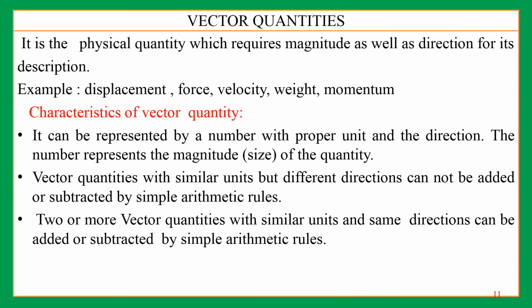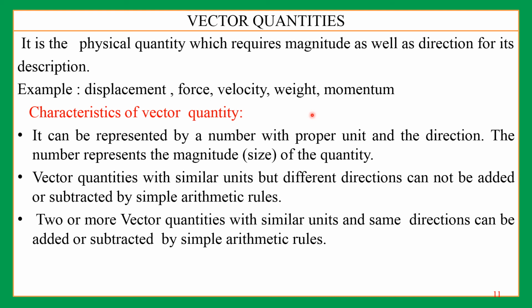Now, second are vector quantities. Vector quantities are quantities which require not only magnitude but also direction. When I said 60 km per hour in the north direction, the direction is there, and 60 km per hour is the magnitude. So these quantities require magnitude and direction, like displacement, force, velocity, weight and momentum.